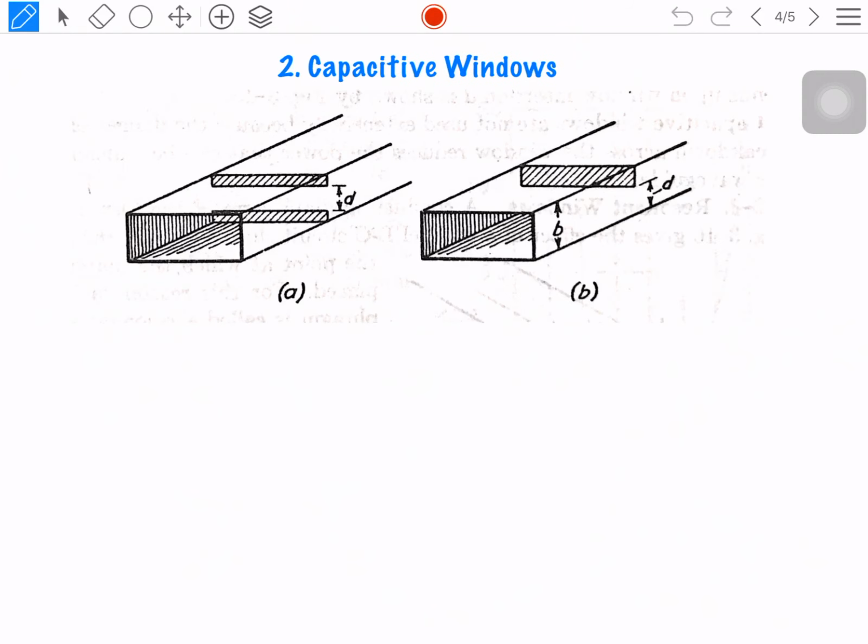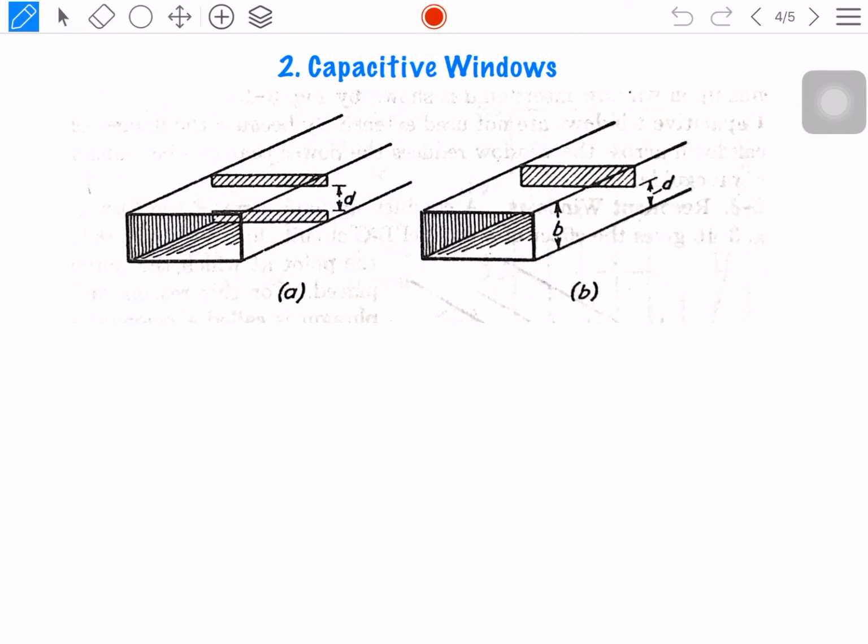The second type is capacitive windows. In this case also, we have the symmetrical type and the asymmetrical type. Now, in the previous case, the diaphragms were inserted from the side walls, but in this case, the diaphragms are inserted from the top and the bottom part of the waveguide.